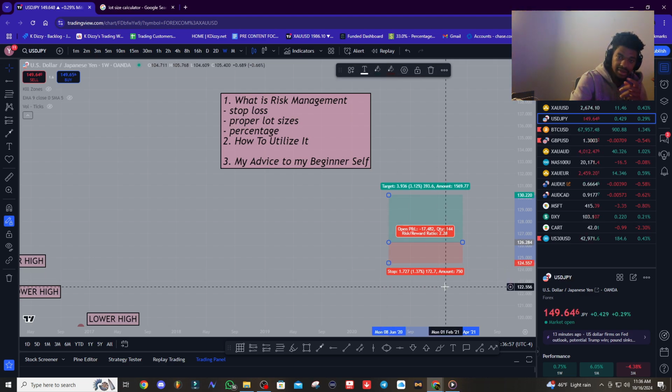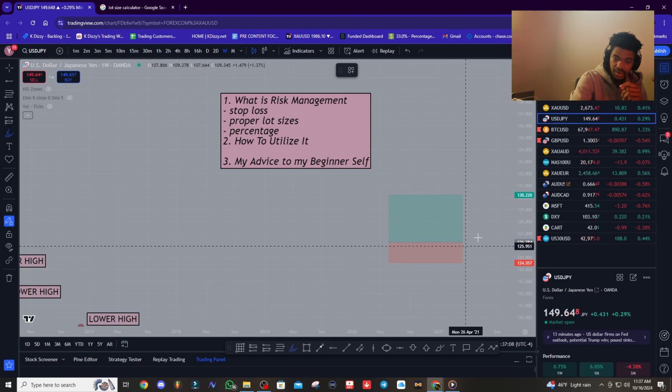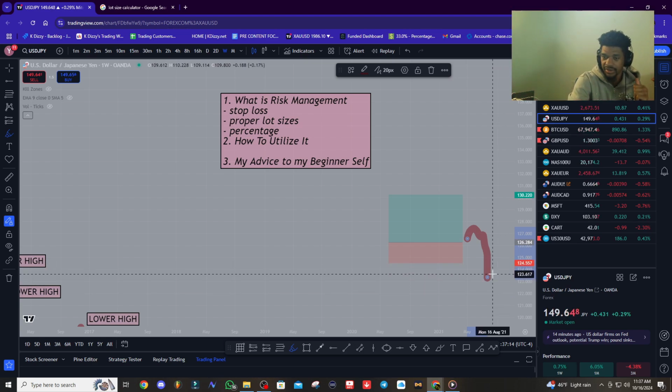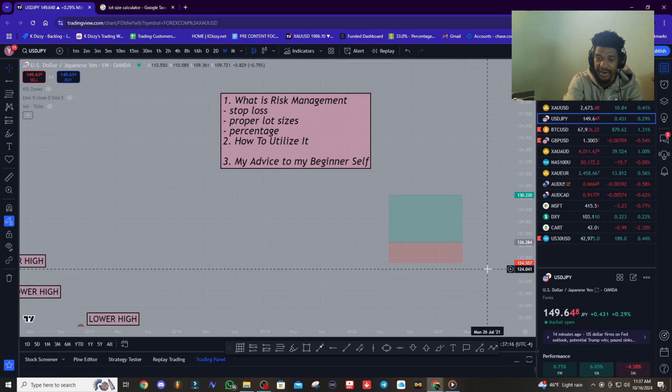That's called our stop loss. The price 124.557 is our stop loss price. So if the price was to work its way down and went past this price, it will take me out of the trade. So that's a stop loss.